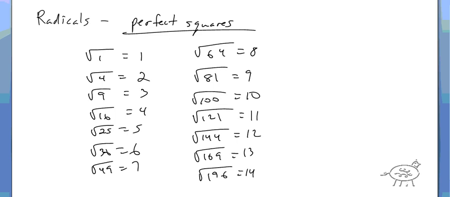I'm going to show you two different ways to do this, though one way is going to be the best way to look at it. Let's start with an example. If I have the square root of 8, I can write that as 4 times 2. You're looking for numbers that multiply to give you 8 where you can see perfect squares inside.